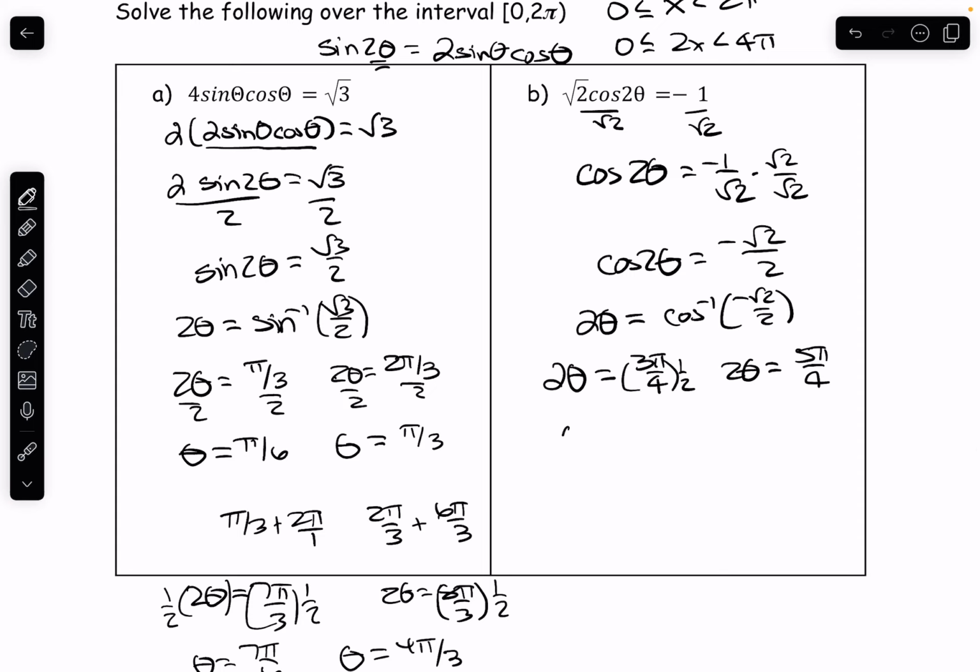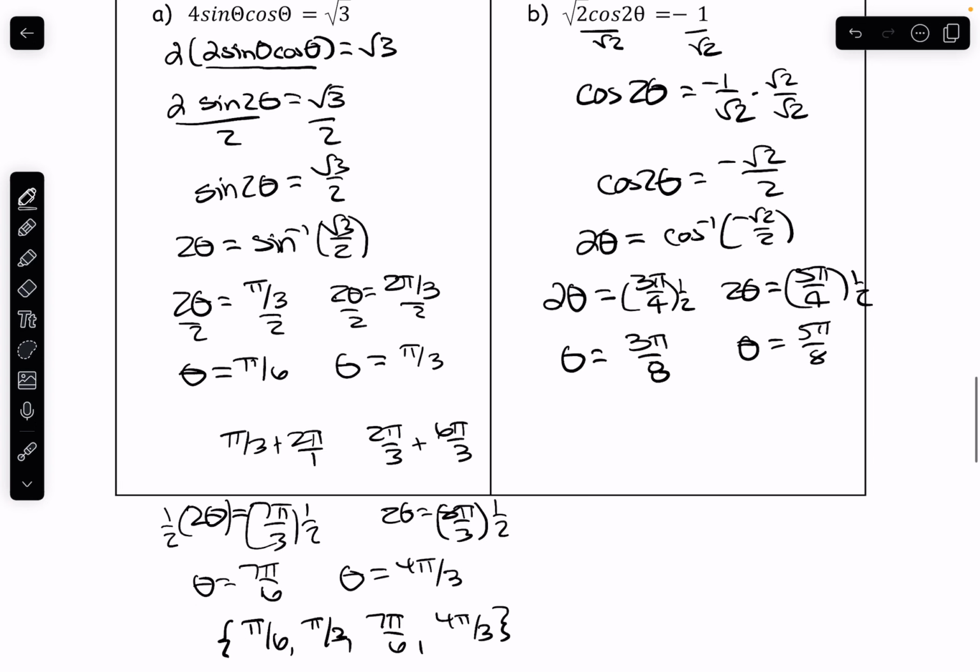So again, we'll multiply by 1/2, so theta could be 3 pi over 8. Multiplying by 1/2, theta could equal 5 pi over 8.